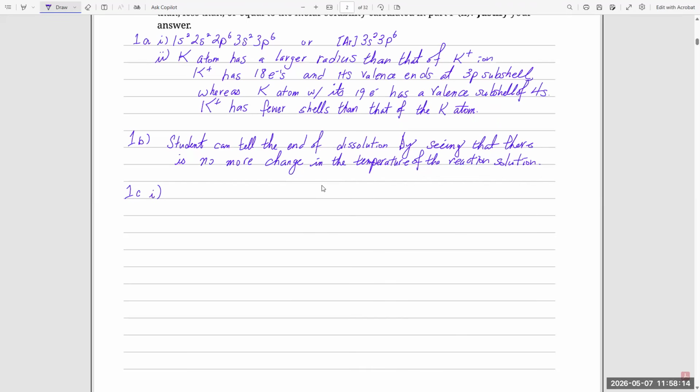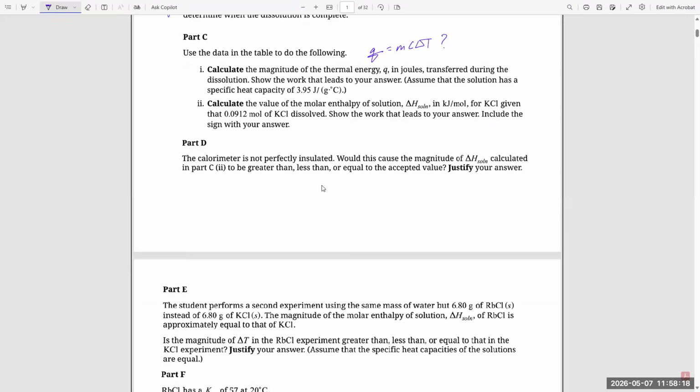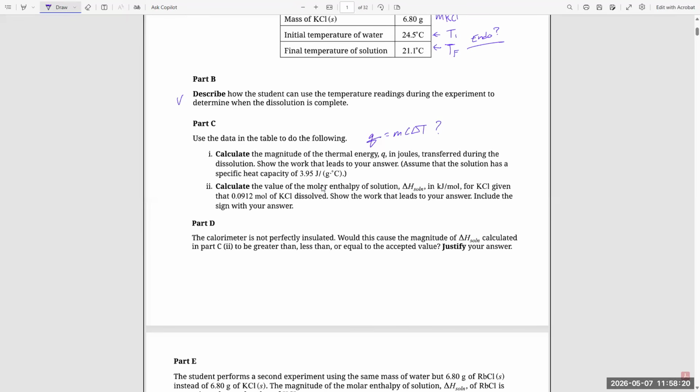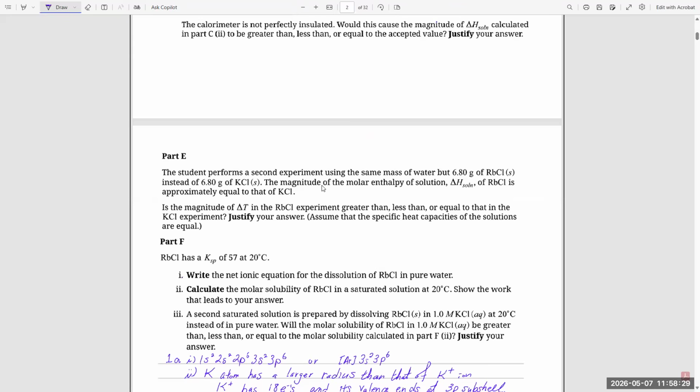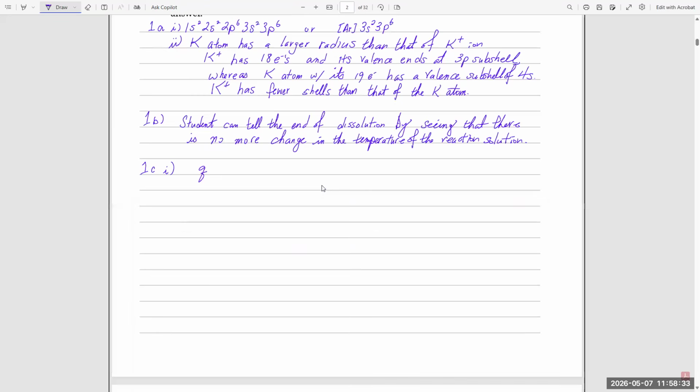One of the other things I tell my students: leave the first line blank and come back and write the question when you're done. They want the Q, all right? So I'm going to write down Q is equal to, and leave it blank. And let's get going. The equation that we need is Q equals MCΔT.